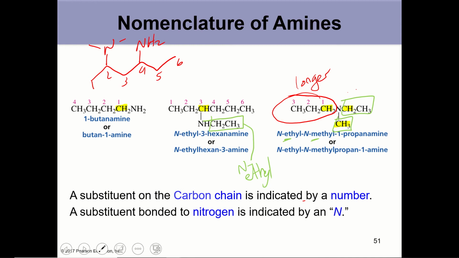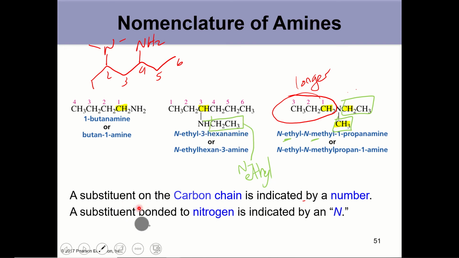So looking at our names, the two examples where nitrogen has a substituent are the middle and the right molecule. Starting at the middle molecule, the longest chain bonded to nitrogen is 6 carbons. So that's our main chain. It's a hexanamine. There are no substituents bonded to any of those 6 carbons other than the nitrogen. But then the nitrogen, in addition to being bonded to the 6 carbon chain, is bonded to a 2 carbon chain. And this 2 carbon chain, because it's not the longer chain, is simply a substituent on the nitrogen.